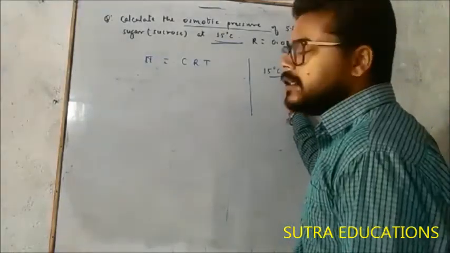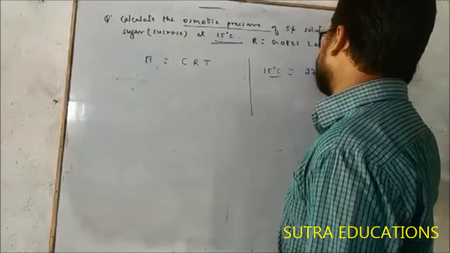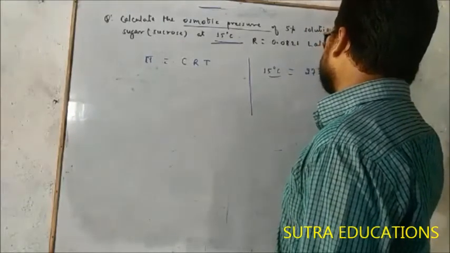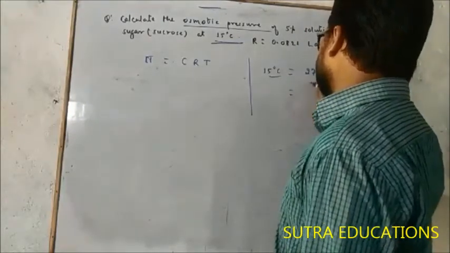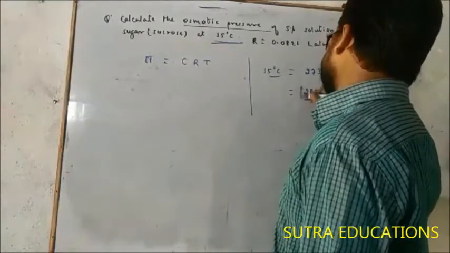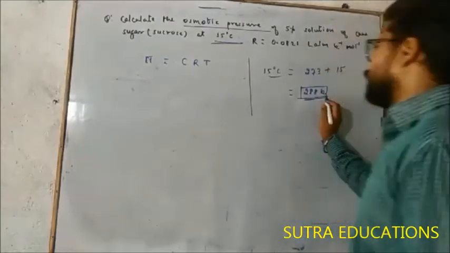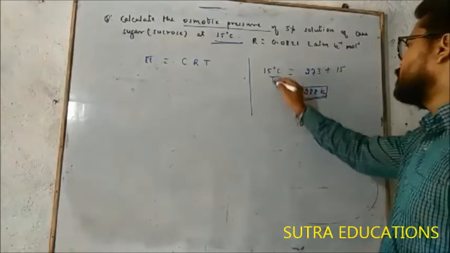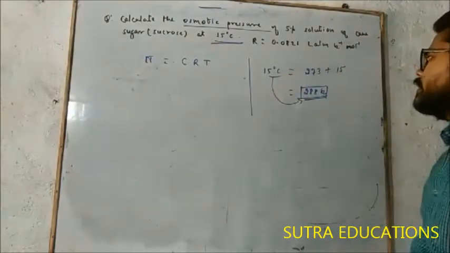So 15 degrees Celsius means 273 plus 15, which is 288 Kelvin.